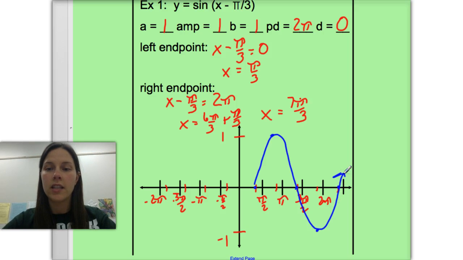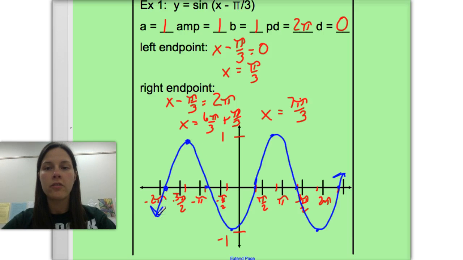And off to the left, same thing. So this time at that first red mark, I will be down at a minimum. At that second red mark, I will be back at an intercept, up to a maximum, and back down to an intercept. So there's the phase shift for our first function.